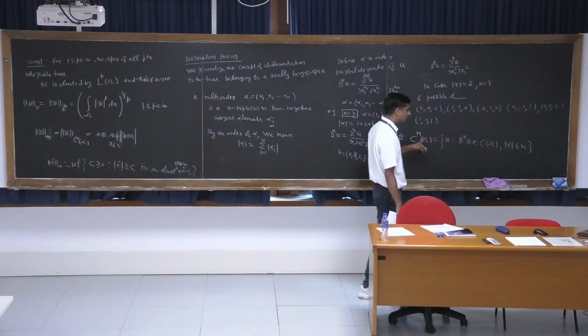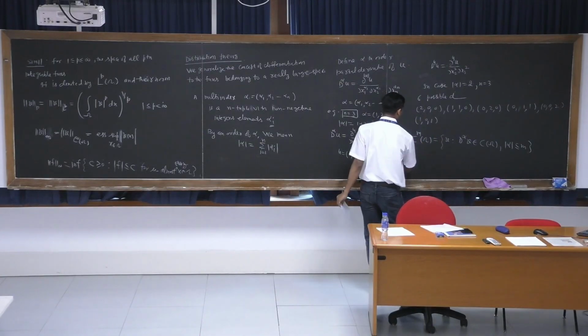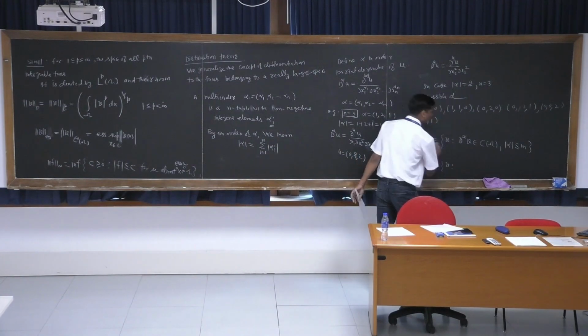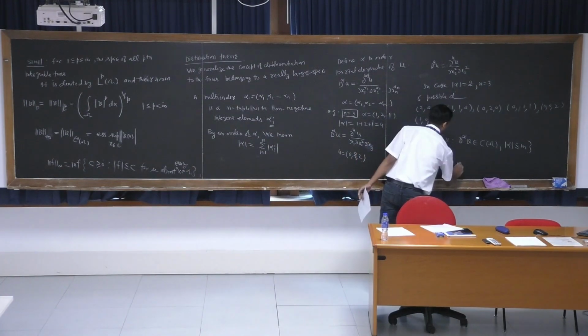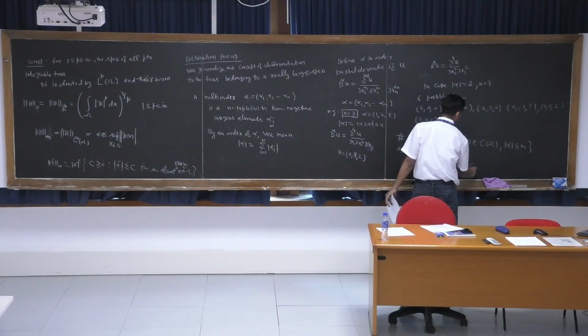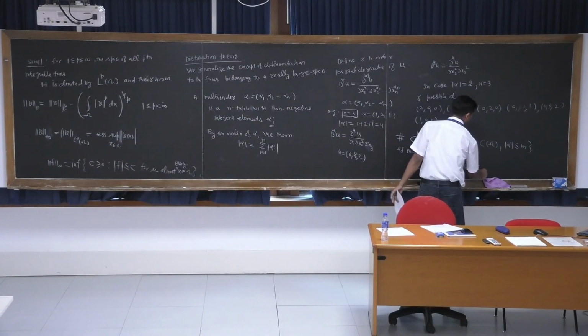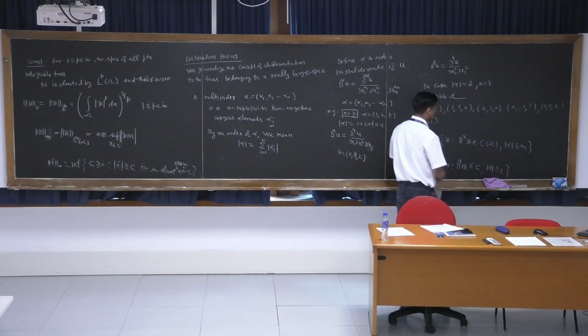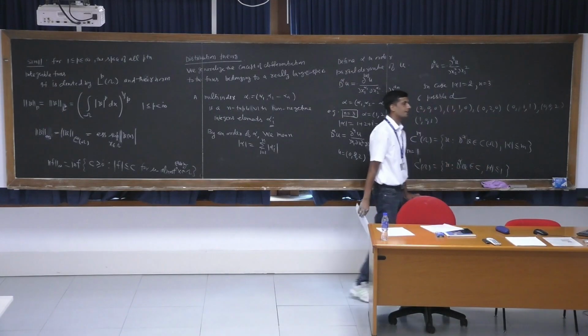So what will be C^m? Those functions v such that D^alpha v belongs to C, for mode of alpha less than or equal to 1, because m is 1 here.